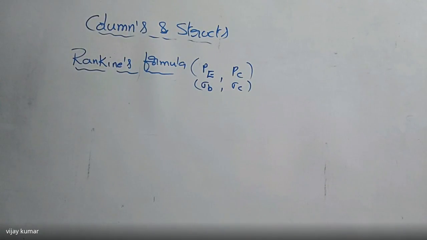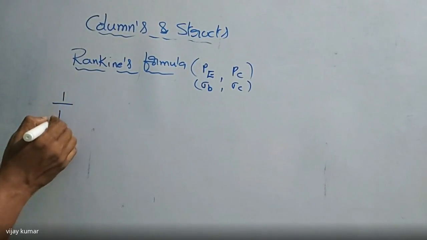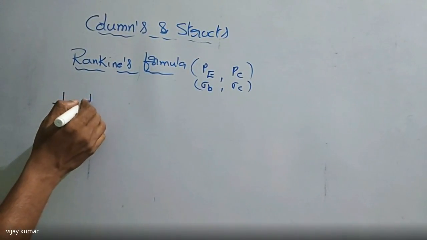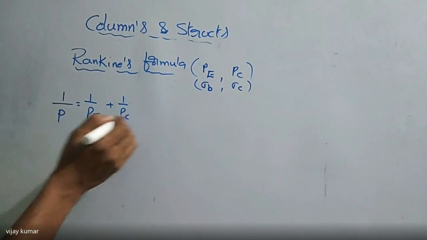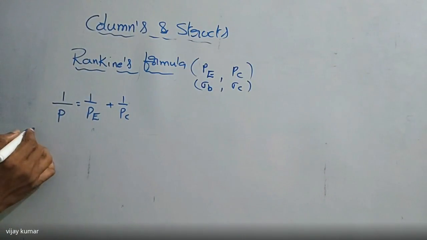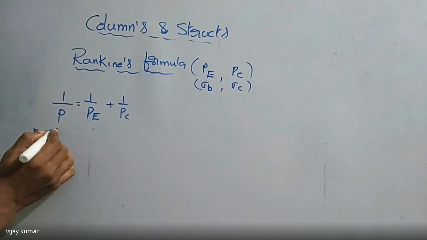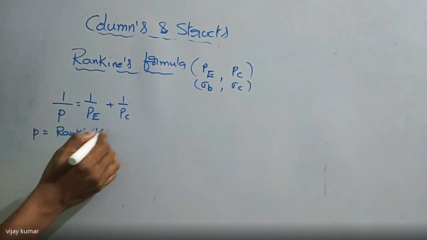So according to Rankine's formula, here I am writing 1 by P is equal to 1 by PE plus 1 by PC. Now tell me, what is P here? P is nothing but Rankine's load.